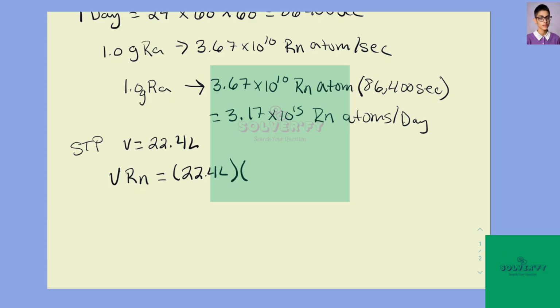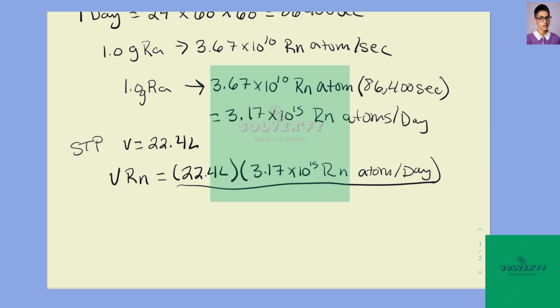We're going to times that by our number of radon atoms, so 3.17 times 10 to the 15 Rn atoms per day. And we're going to divide that by Avogadro's number again, so that way we just have the amount of liters. So we're going to divide that by 6.023 times 10 to the 23rd atoms.